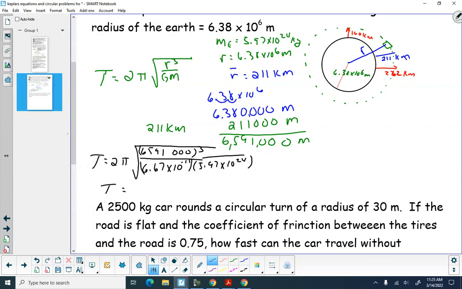So once again, this becomes a calculator exercise. You need to make sure you quantify these on the bottom. So you have 6591000 divided by the quantity 6.67 e to the negative 11 times 5.97 e to the 24th.